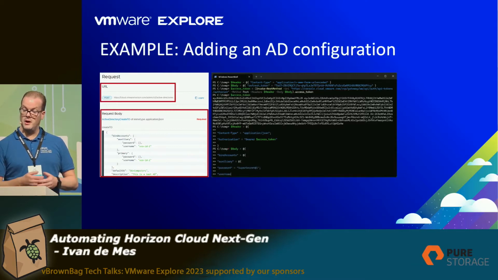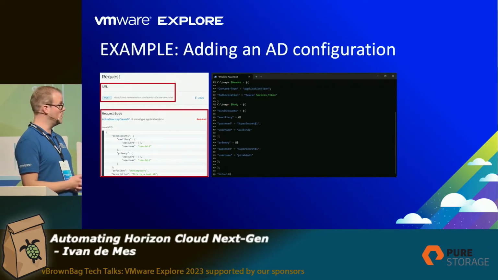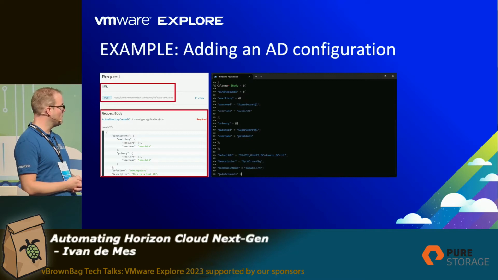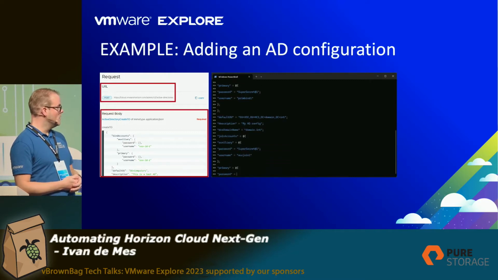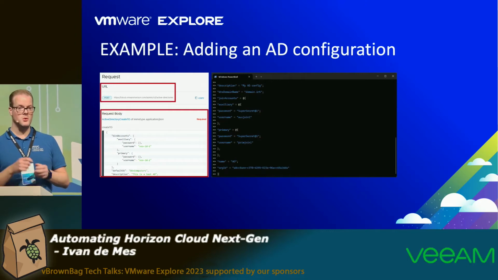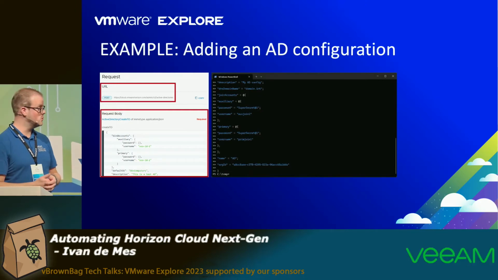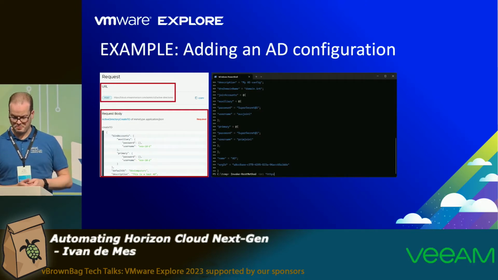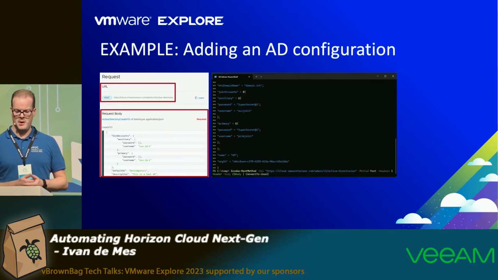Then we can continue with constructing the body. Now, this is not a JSON type, but eventually with the post command, we convert the data to a JSON type and push that towards the API.